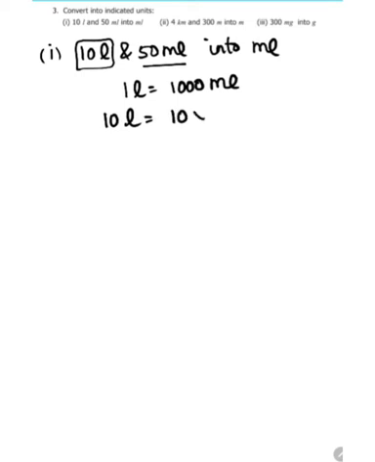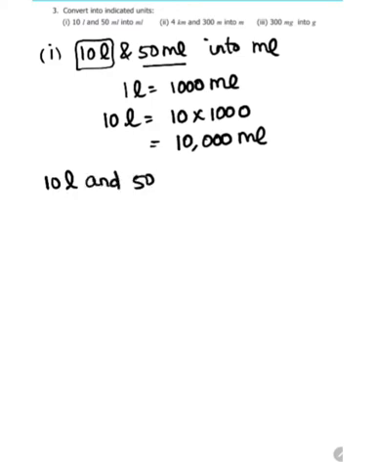So 10 into 1000 is nothing but 10,000 milliliter. So 10 liter and 50 milliliter, we can write it as 10,000 milliliter plus 50 milliliter.